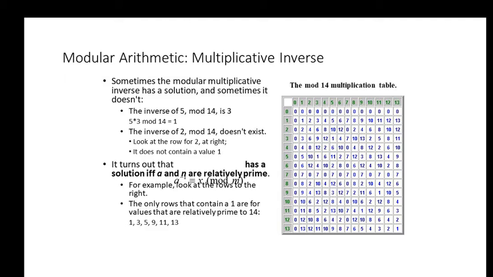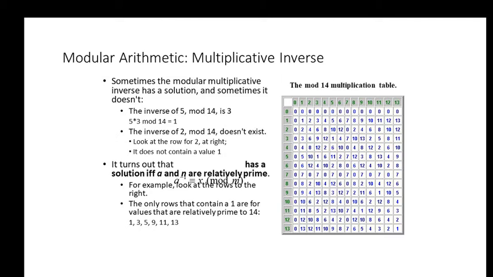Modular arithmetic multiplicative inverse. Sometimes the modular multiplicative inverse has a solution and sometimes it doesn't. The inverse of 5 mod 14 is 3, since 5 times 3 mod 14 is 1. The inverse of 2 mod 14 does not exist.